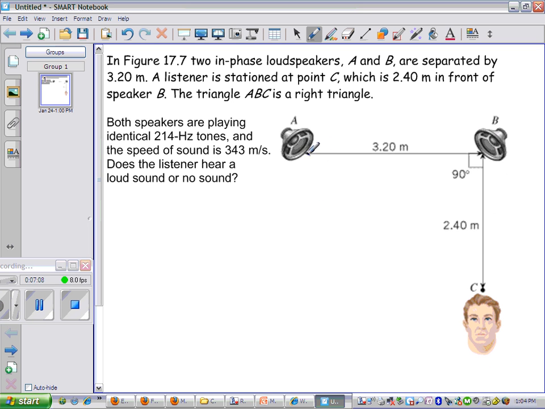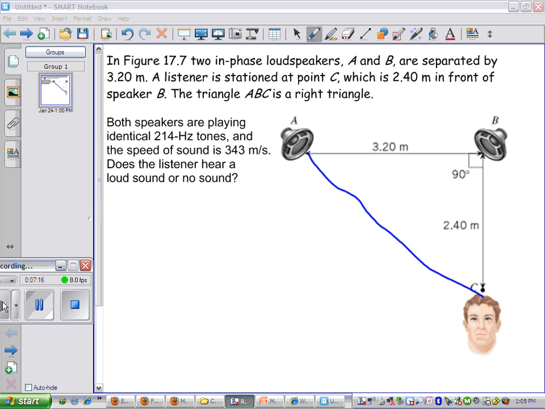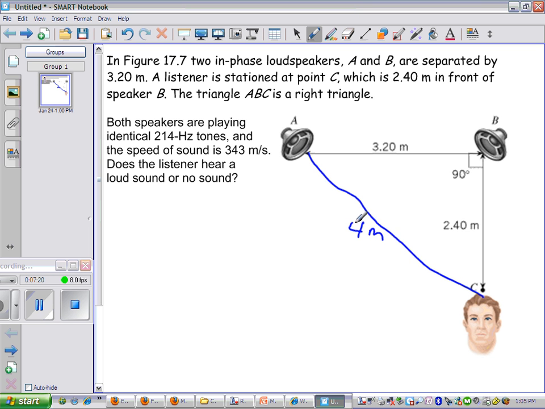So the first thing we want to do is figure out what this distance is right along here, what the hypotenuse is. Let's use the Pythagorean theorem to calculate that. We find that this distance right here is 4 meters. Now we want to figure out what the wavelength is. We're going to use the equation velocity equals frequency times wavelength.